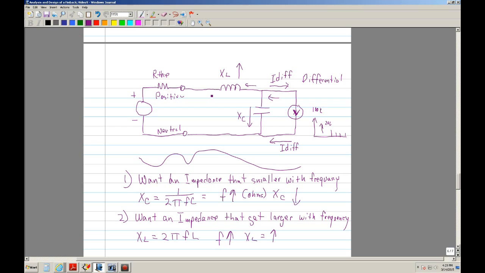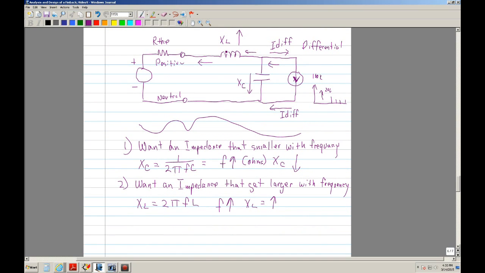So basically your bus is seeing a higher impedance. It's being disconnected in a way at high frequency, or it's seeing a higher resistance between this node and this node. So you're keeping the current noise or the diff mode from reaching back into this side. So that's why we use this little filter, generally an inductor and a pi.